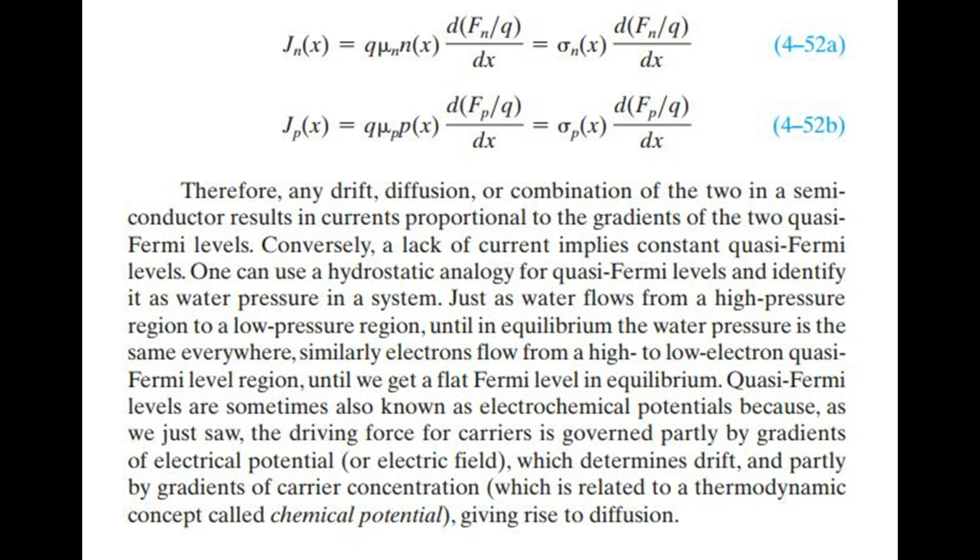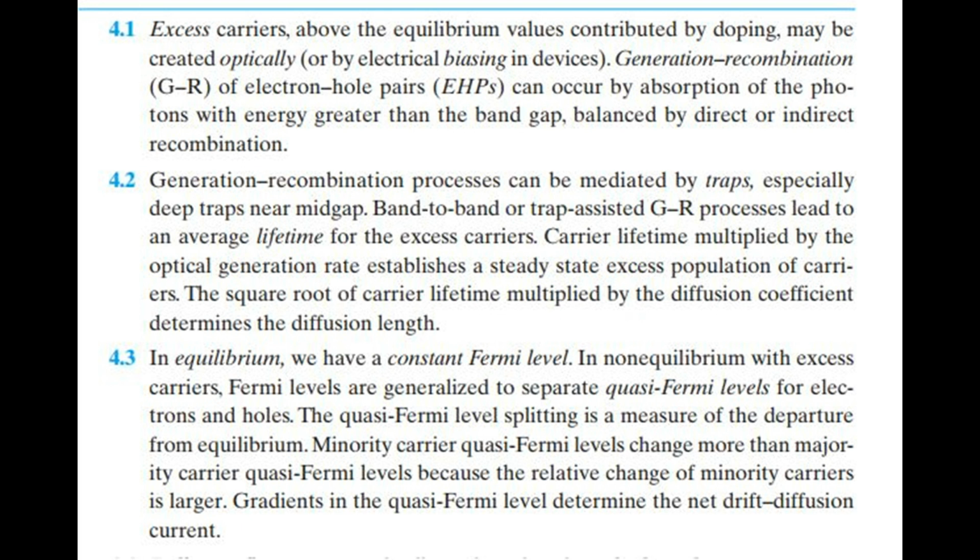Summary: excess carriers, above the equilibrium values contributed by doping, may be created optically, or by electrical biasing in devices. Generation-recombination, GR, of electron-hole pairs, EHPs, can occur by absorption of photons with energy greater than the band gap, balanced by direct or indirect recombination.